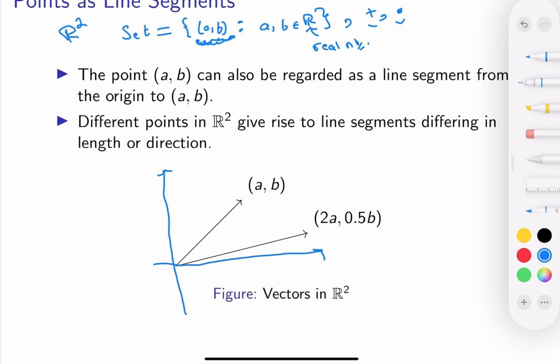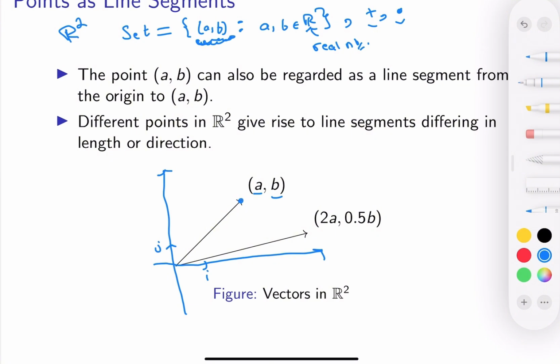So this is I and J. And for example, this point has the coordinates AB, and if I ask you to plot, for example, 2A and 0.5B, how would you plot this?